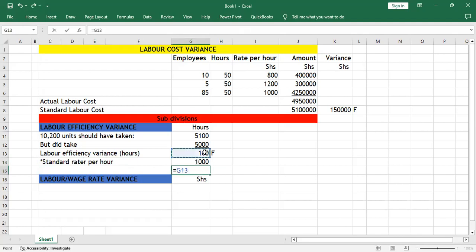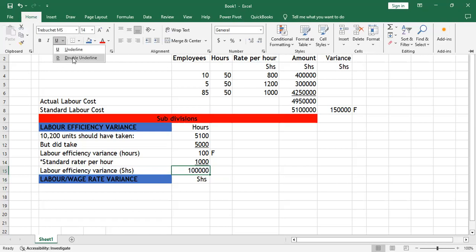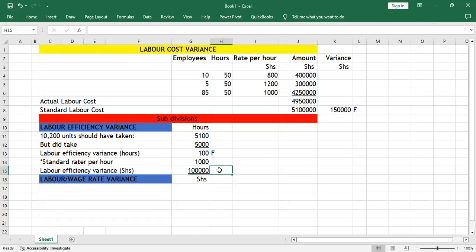Here we get 100 hours times the standard rate per hour of 1,000, giving us the labor efficiency variance in shillings. Then you also have to look at what we call the labor rate variance. This is favorable, don't forget.